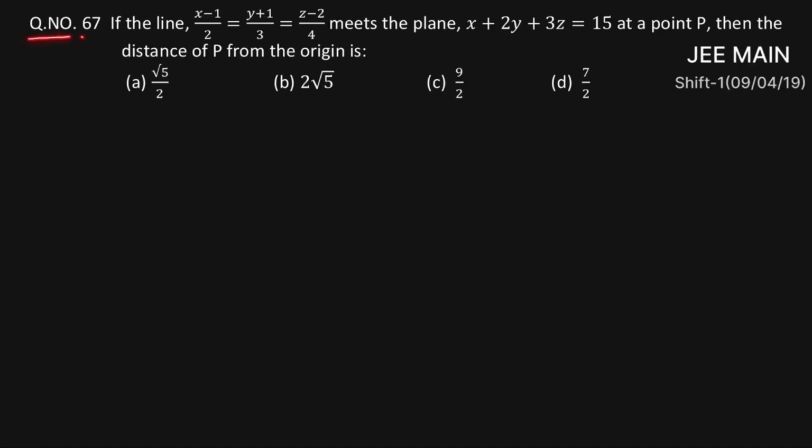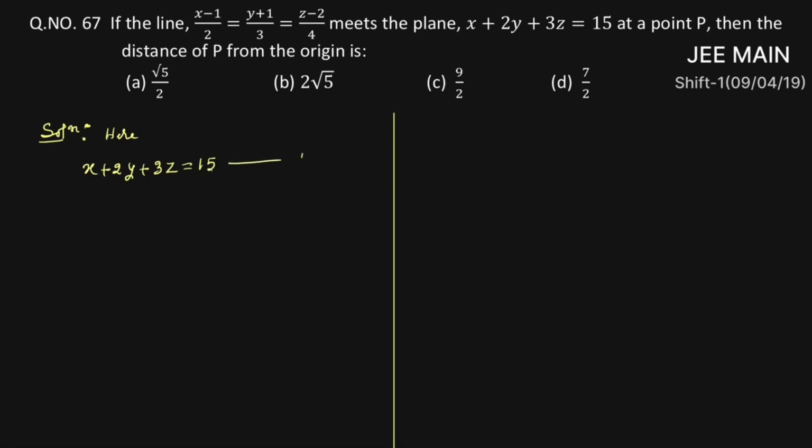Question number 67. If the line meets the plane at a point P, then we have to find the distance of P from the origin. Let's see the solution of this question. So here x plus 2y plus 3z equal to 15. This is the equation of the plane, and we take this to be equation number 1.